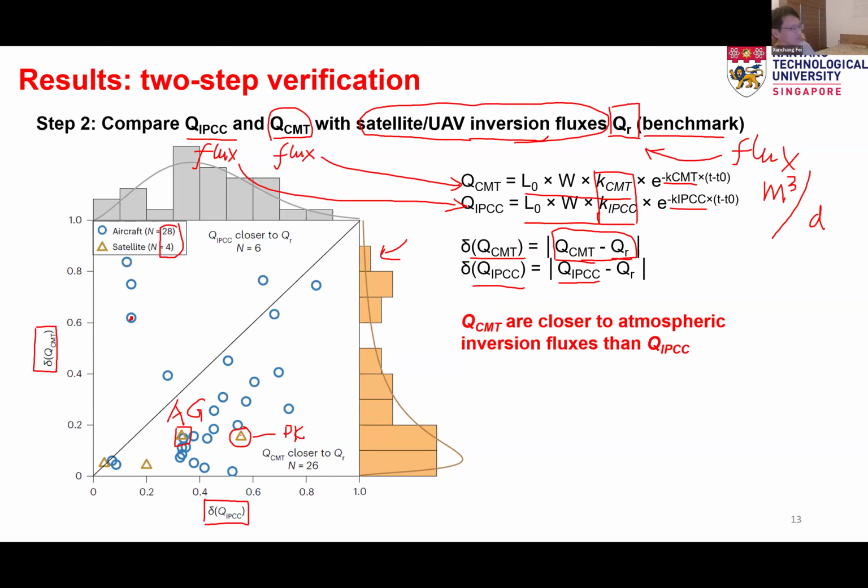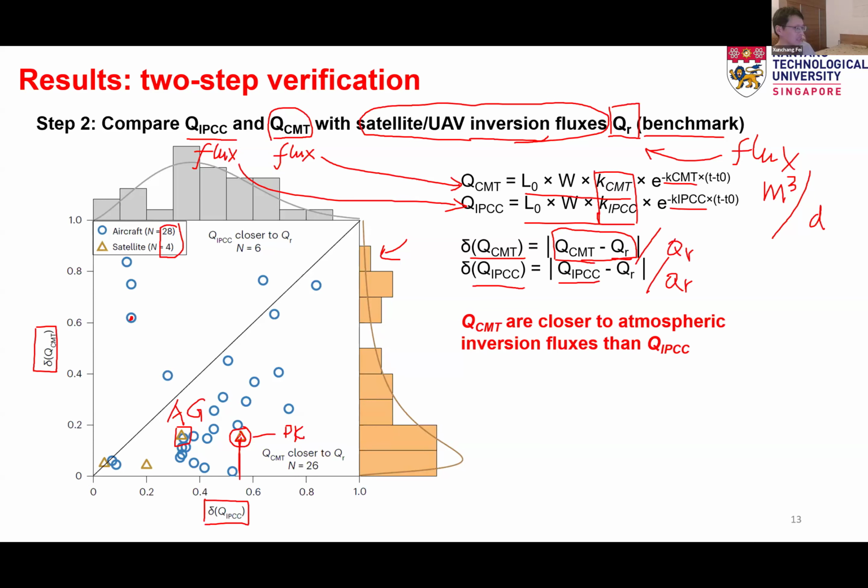All right, let's look at this triangle, right? This triangle basically shows that if we use IPCC and compare that with the real measurement, the error is, and by the way, this error is in a percentage. Oh, sorry, we need to divide this difference by the QR. I forgot to put this. So this error is in percent.